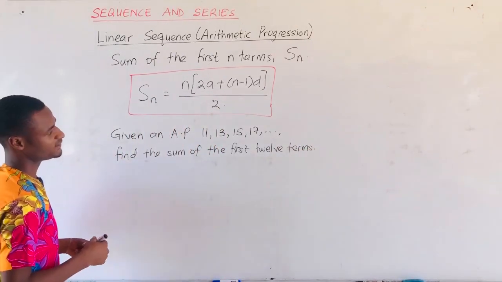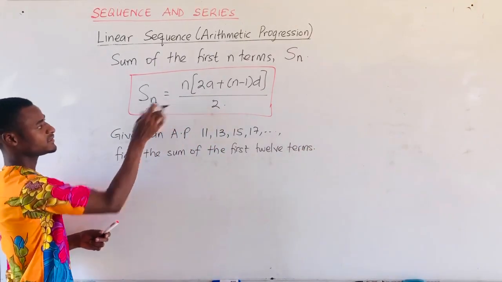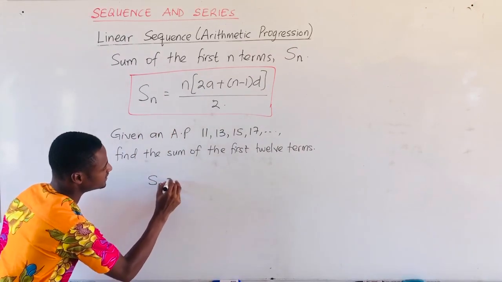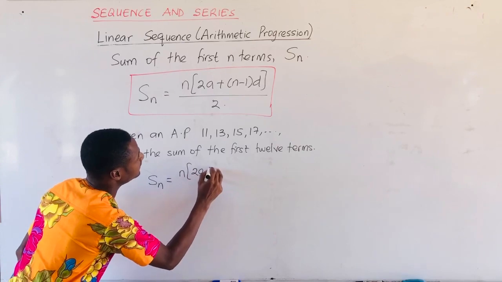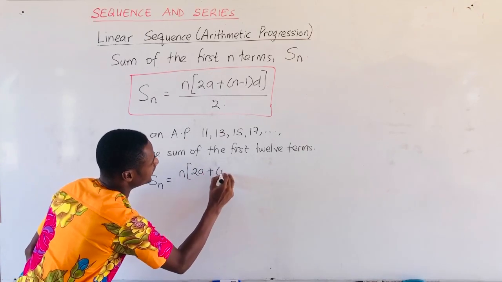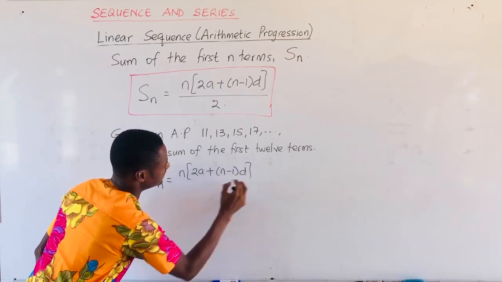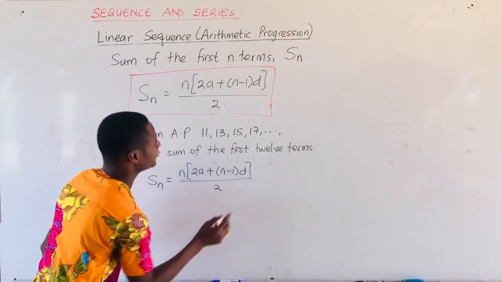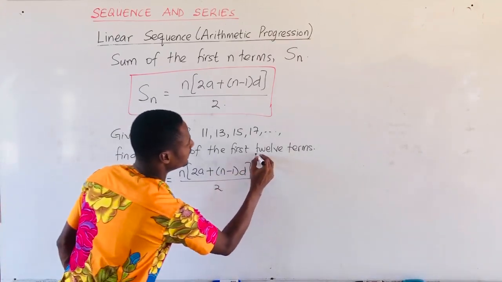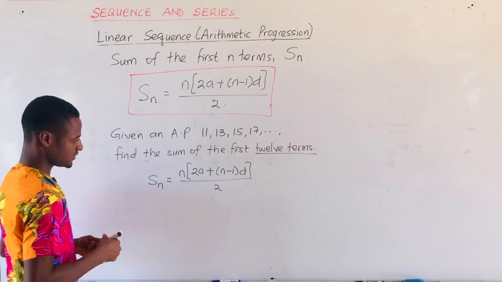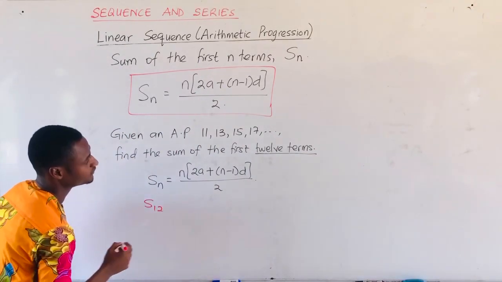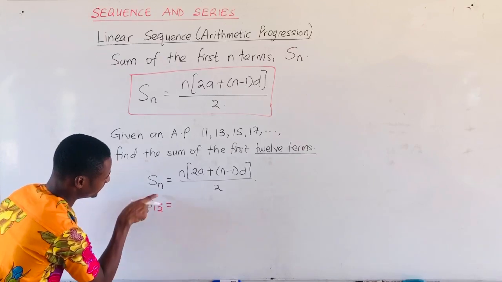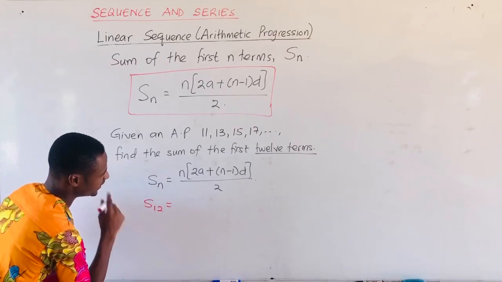And in finding that, we already know that Sn, which is the sum of the first n terms, is given by n(2a plus (n minus 1)d) all over 2. And so the first 12 terms, which we will call S12, will be equal to, n is now represented by 12.